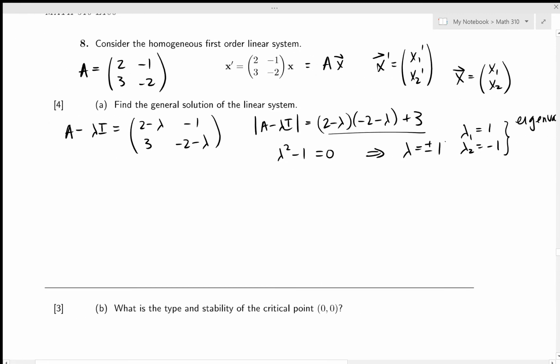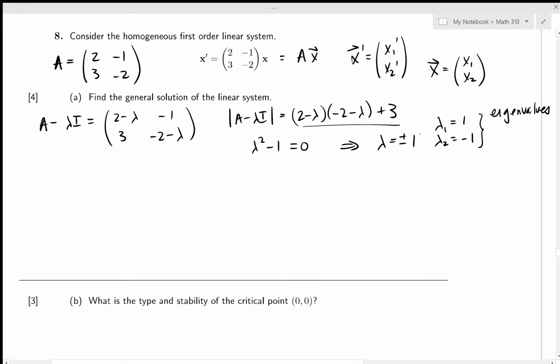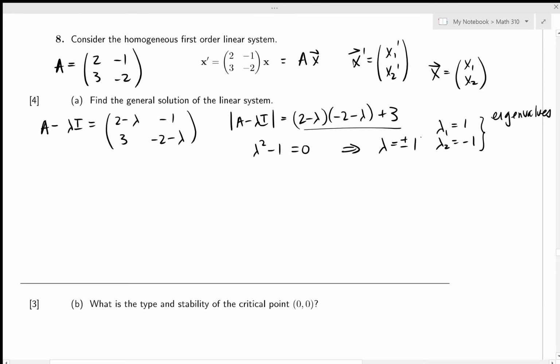All right. So then for each one of those eigenvalues, I need to find the corresponding eigenvector. So I'll do them one at a time. I'll take the first eigenvalue, lambda 1, equal to 1. I will write the matrix A minus lambda I for lambda equals 1.